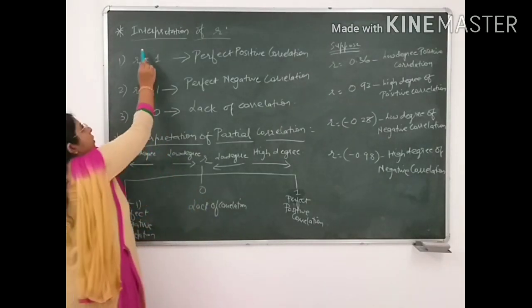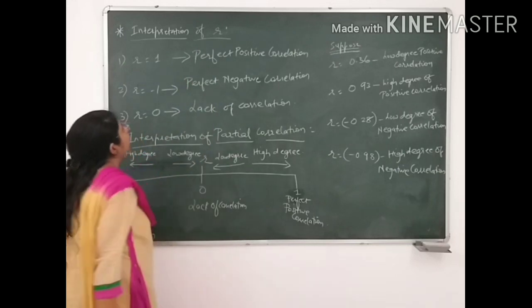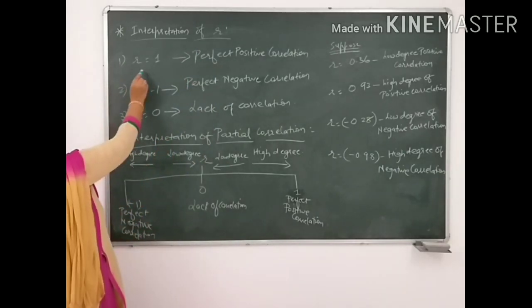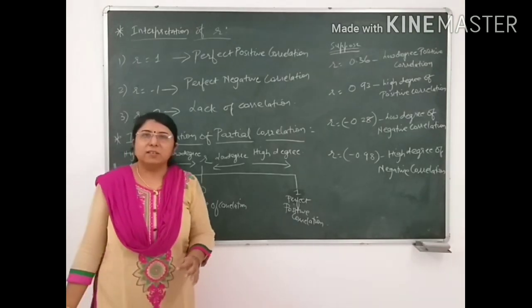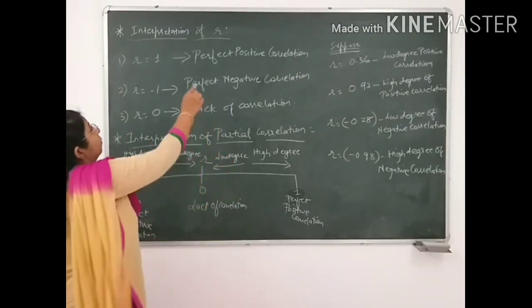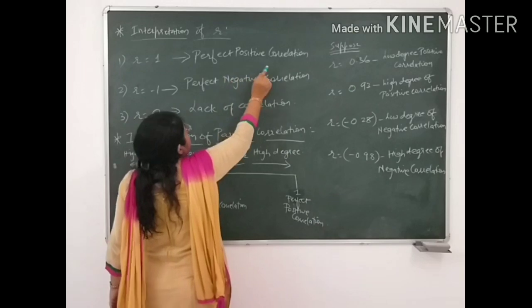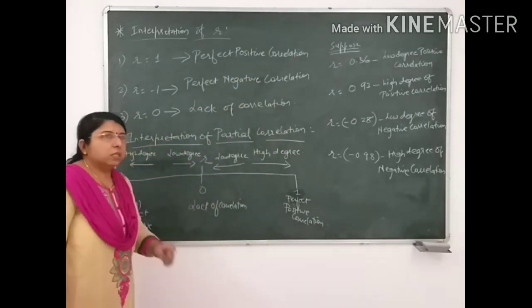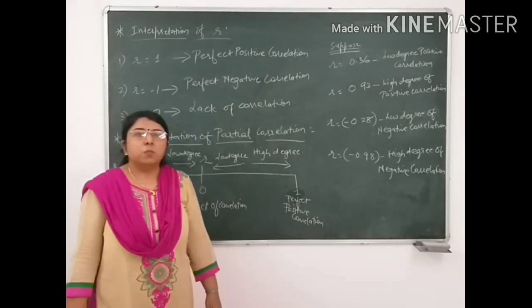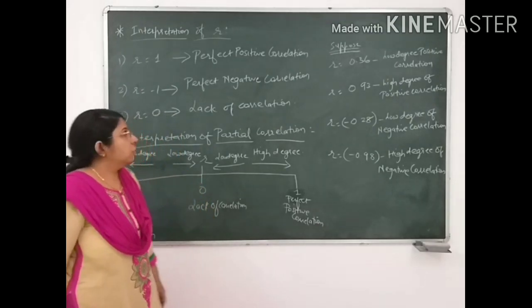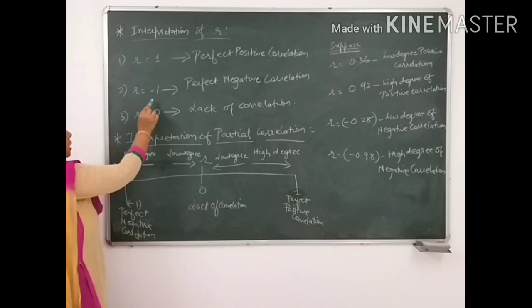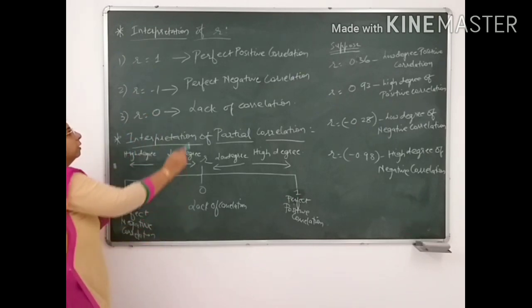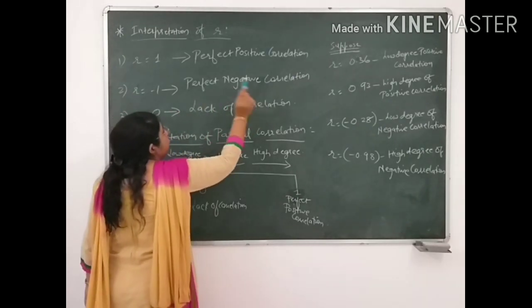So first of all, let us understand the interpretation of r. If by calculation the value of r comes to exactly 1, then it is called perfect positive correlation. In the interpretation you have to write that there is perfect positive correlation. If the value of r comes to negative 1, then it is called perfect negative correlation.